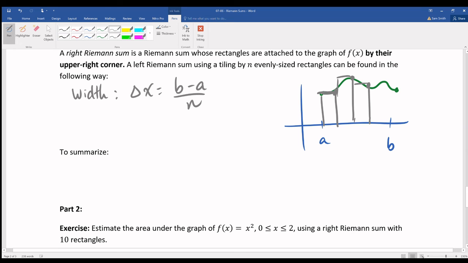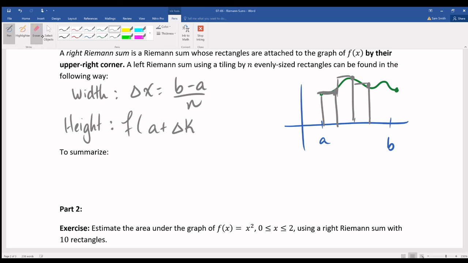The only thing that will change is the height of rectangle k. Here, instead of adding delta x k minus 1 times, we'll add delta x exactly k times.